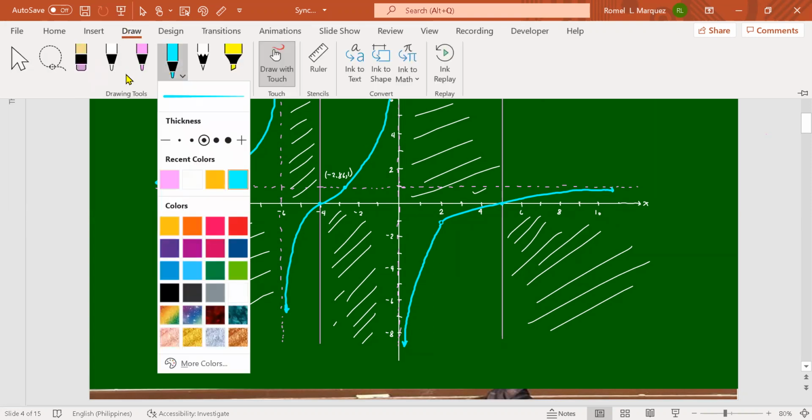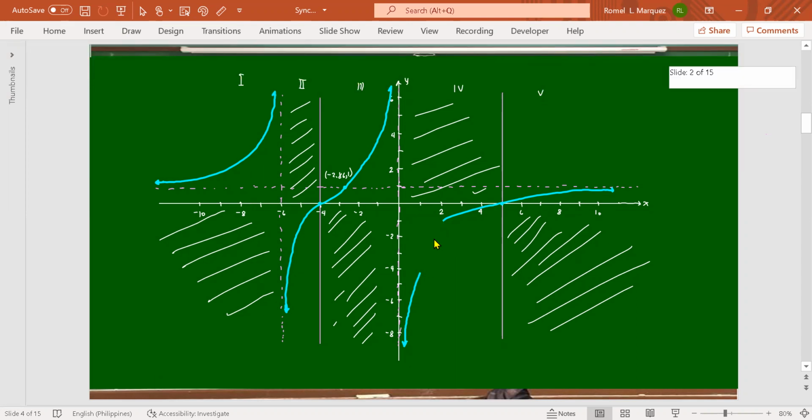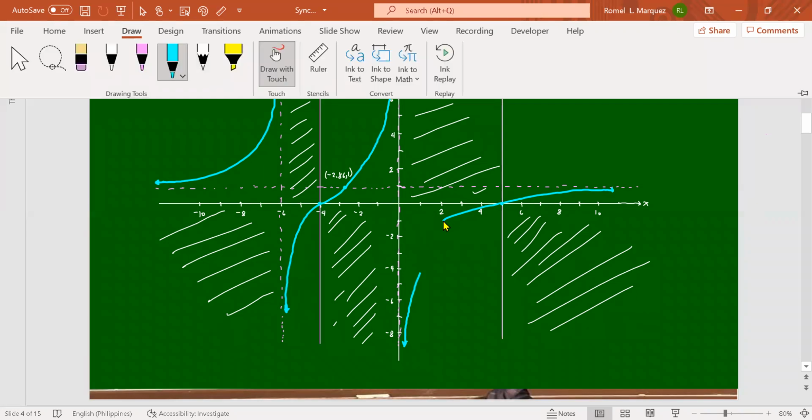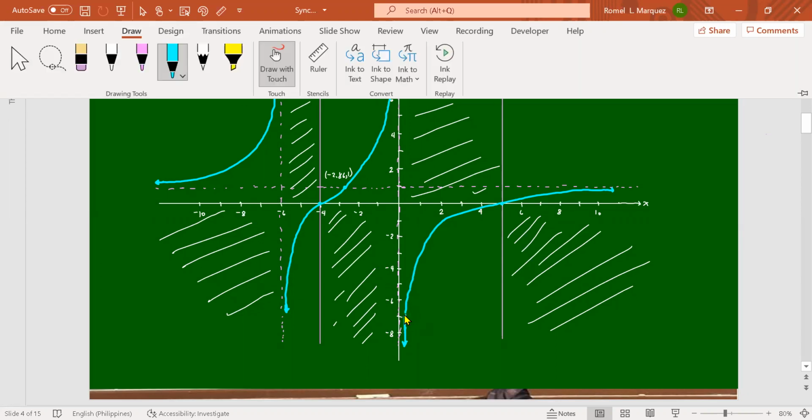Let me fix this. Wait a minute, I will be fixing this. I will make it like this, but I will be having a hole. So where will I put the hole, guys?